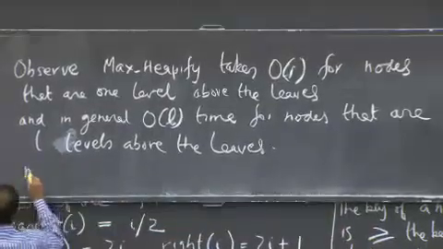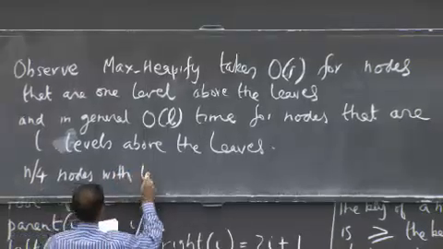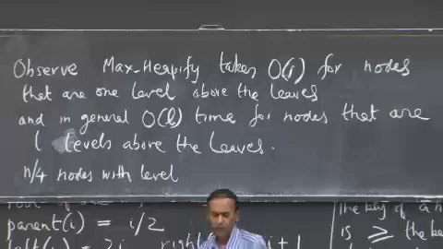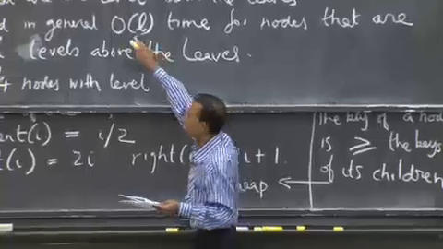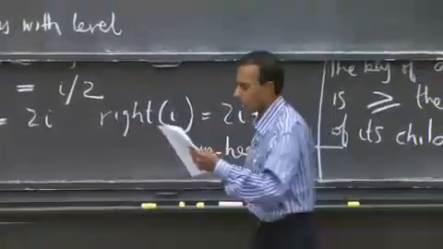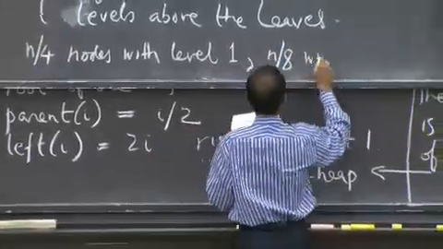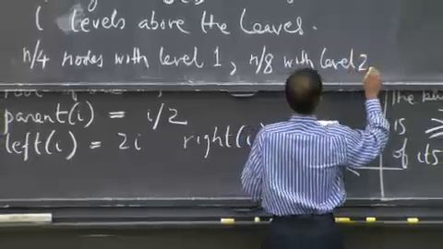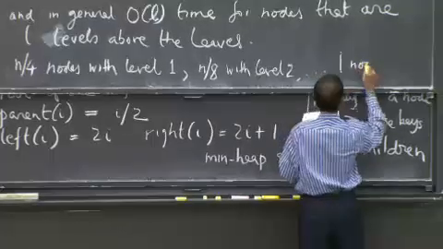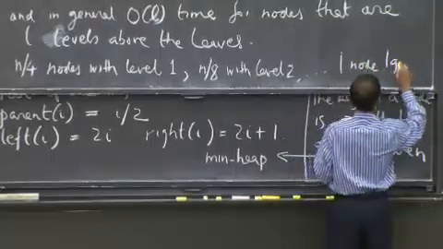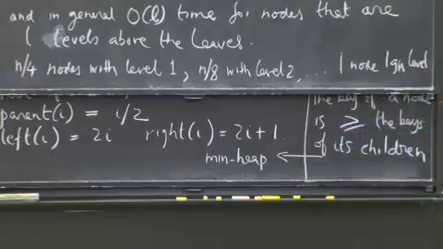Observation number 2 is that we have n over 4 nodes, give or take 1, depending on the value of n. I don't want to get hung up on floors and ceilings, and in any case, we're eventually going to get an asymptotic result, so we don't have to worry about that. But we have n over 4 nodes at level 1, n over 8 at level 2, and so on, and 1 node at the log n level, which is the root node.